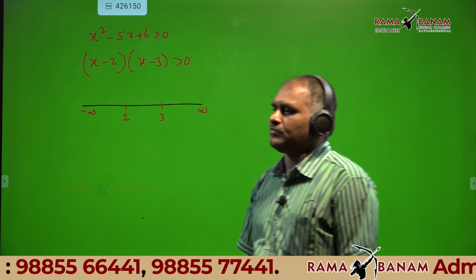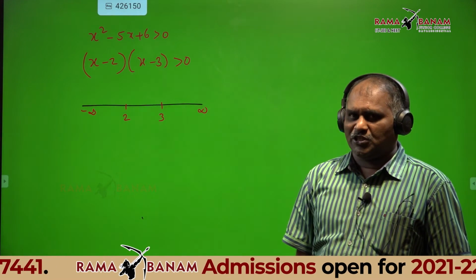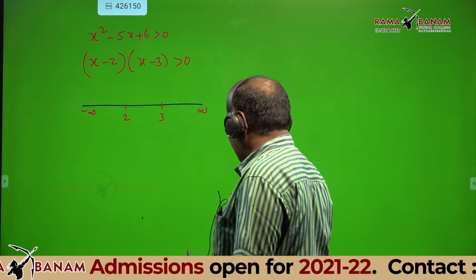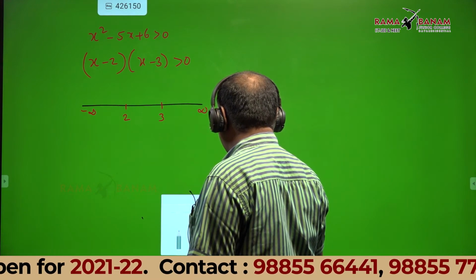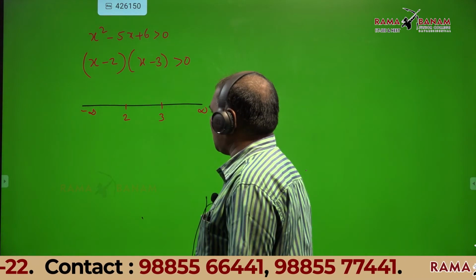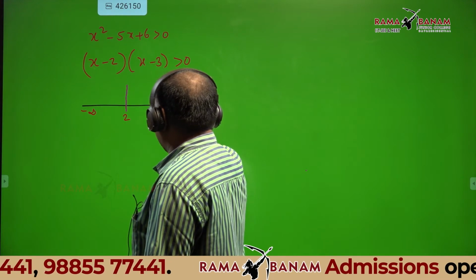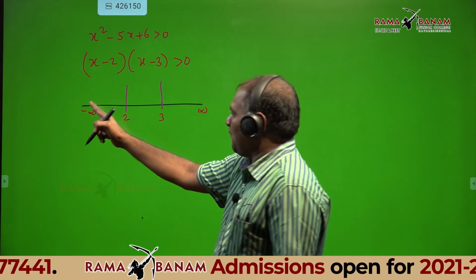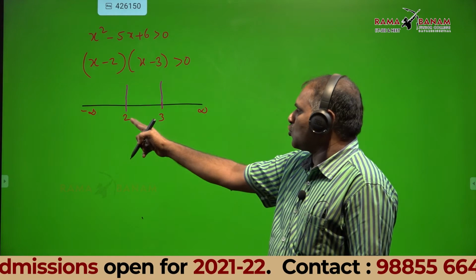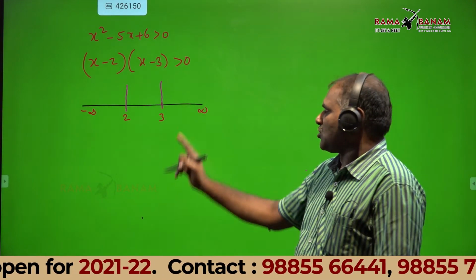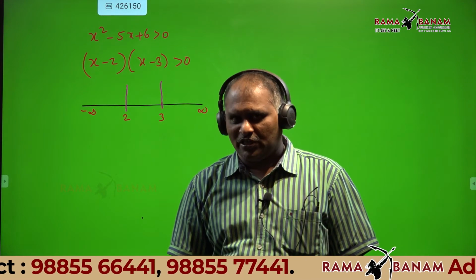In the graph there will be 3 types of partitions. What are the 3 types of partitions? By observation: minus infinity to 2 is one partition, 2 to 3 is another partition, and 3 to infinity is the third partition.